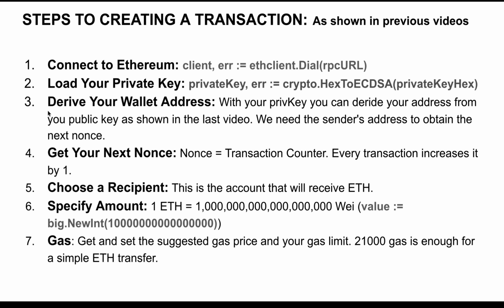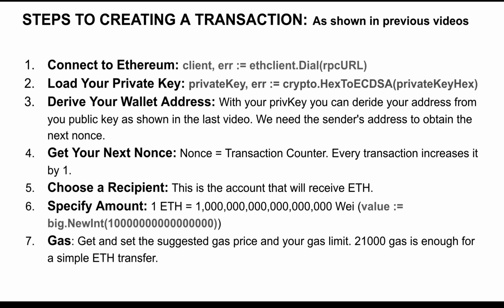Now you derive your wallet address. If you're going to be sending Ethereum or whatever to someone, you have to be sending it from your address.